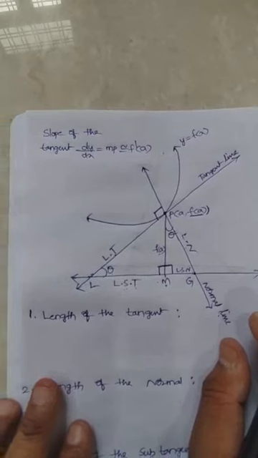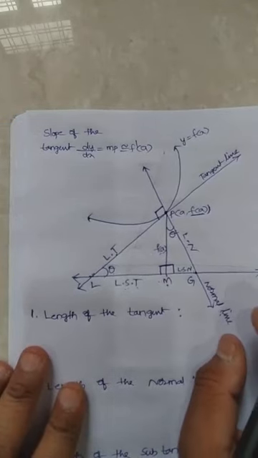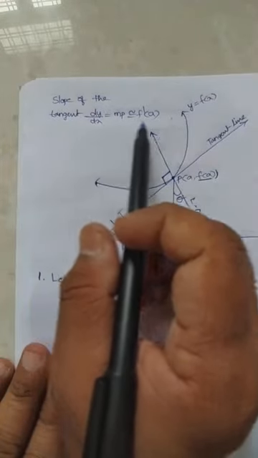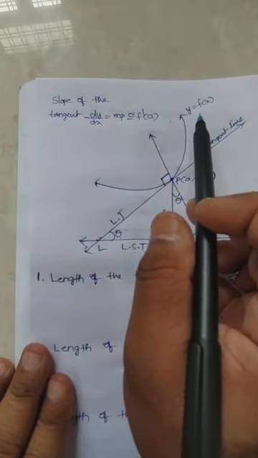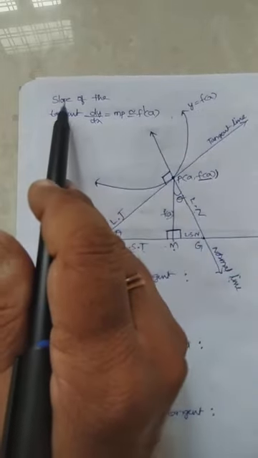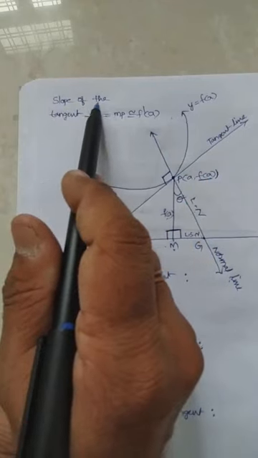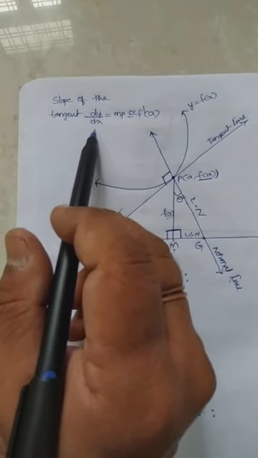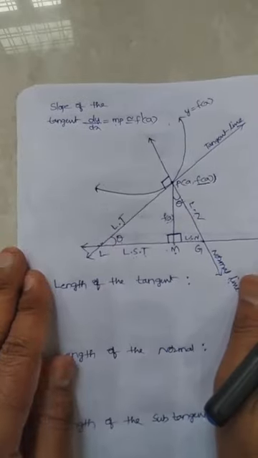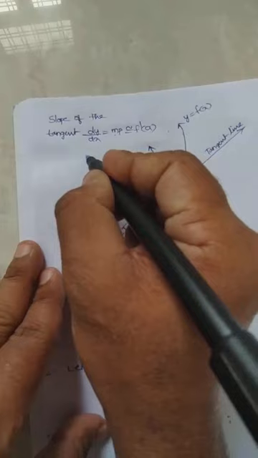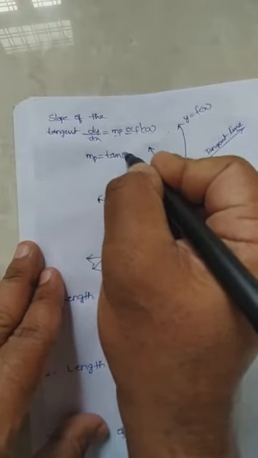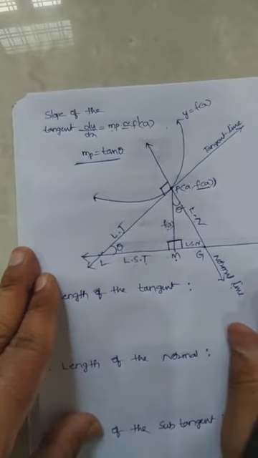Although we are well acquainted with this, whenever you have a curve equation y equals f of x, you are able to find the slope of the tangent, dy by dx, which we call m at P. Are you following or not? In our geometry, m at P means tan theta.